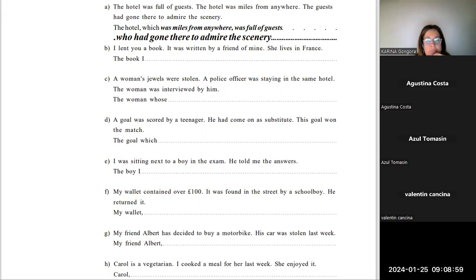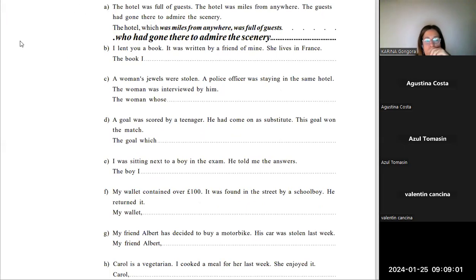Come on. Here you have, I lent you a book. A book is the link. It was written by a friend of mine. She lives in France. So a friend of mine is the link.